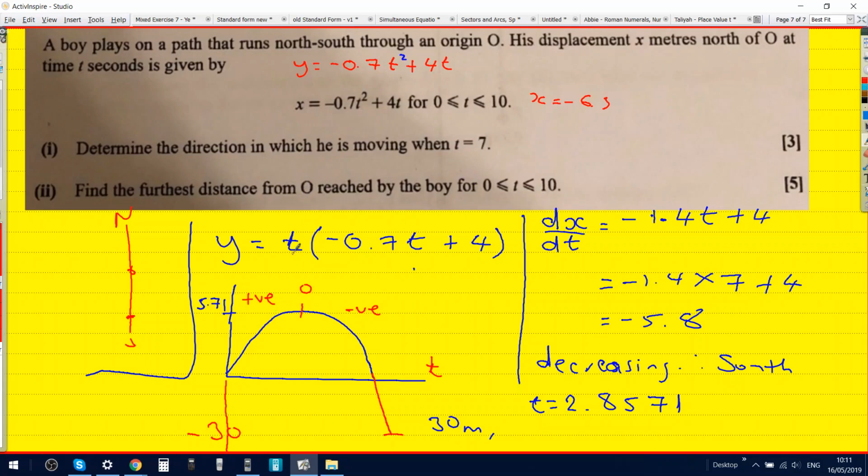And sub 7 into that. And to make sense of that, you can just sketch a little graph and you can see it's increasing on the left, decreasing on the right. Find the furthest distance from O. It looked like it was going to be the 30, but you just have to check the other one as well. Yeah. Any questions there?